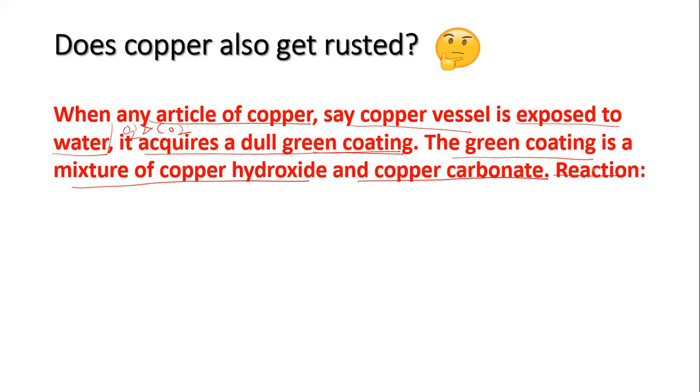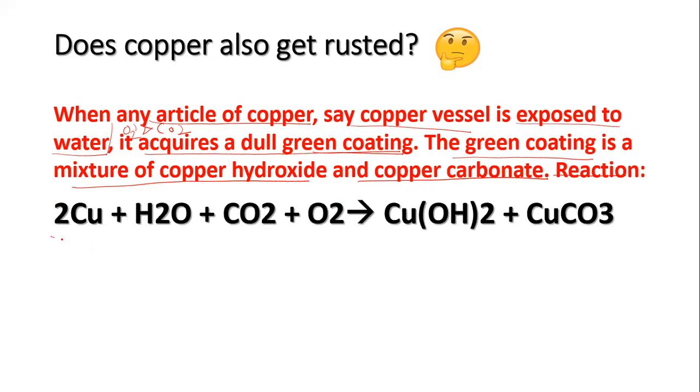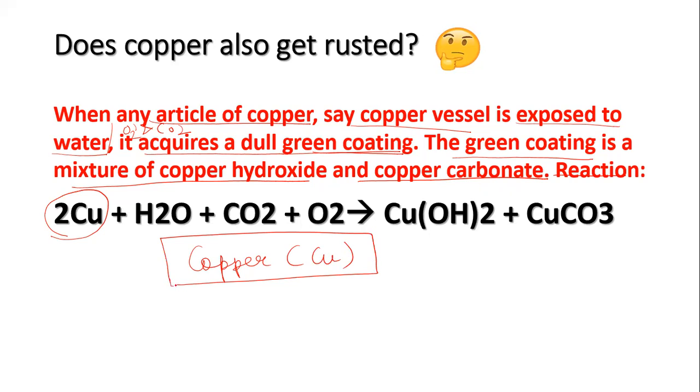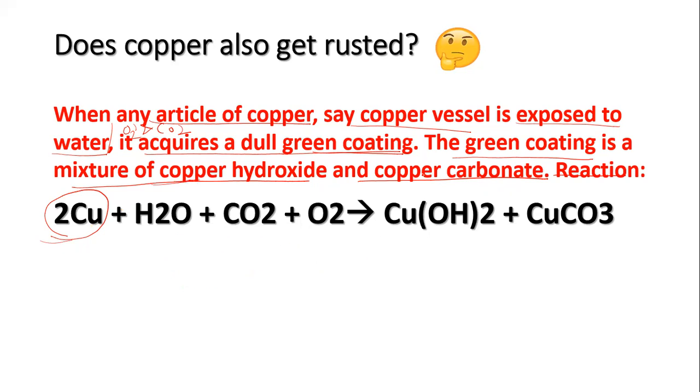The reaction we get here is 2Cu. You need to remember that the copper symbol is Cu. So 2Cu plus H2O, water, plus CO2, carbon dioxide, plus O2, oxygen. What is formed?